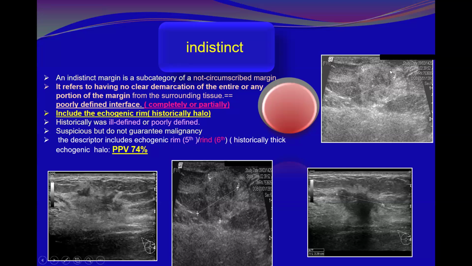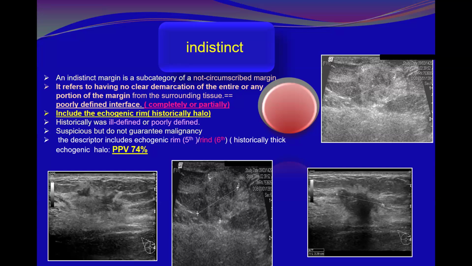If you look here, these are my patients, these two, both are breast cancers, a heterogeneous mass, but it is really difficult to differentiate it from the adjacent tissue. And this one from the literature, also the boundaries of the lesion are not clarified from the adjacent tissue.